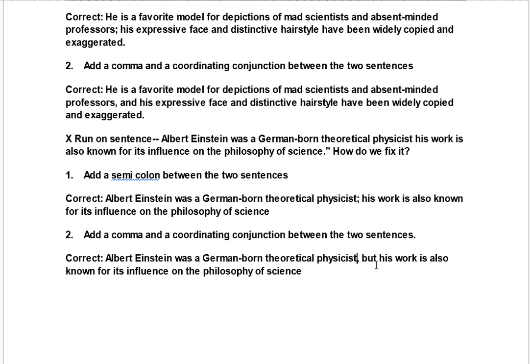So remember, coordinating conjunctions, FANBOYS: for, and, nor, but, or, yet, so. Any coordinating conjunction will work, as long as it makes sense within the sentence. So, but his work is also known for its influence on the philosophy of science.